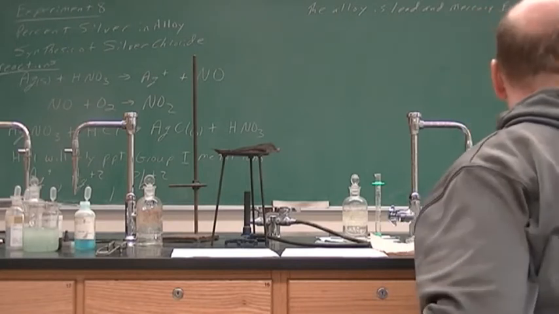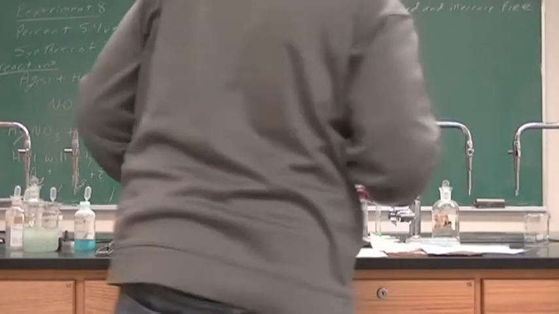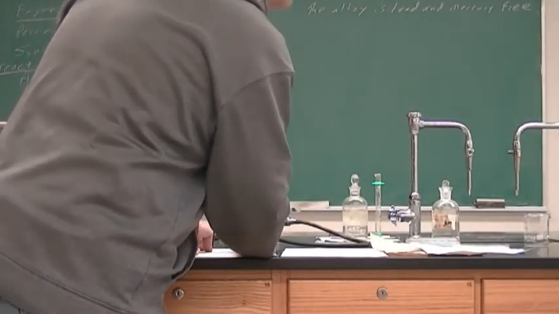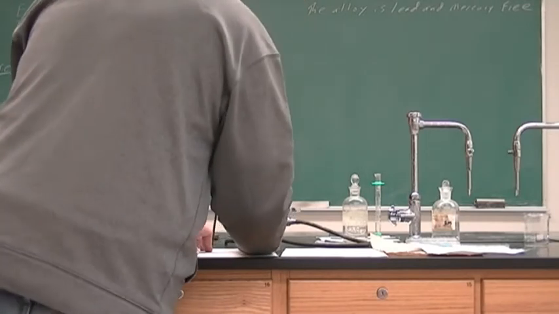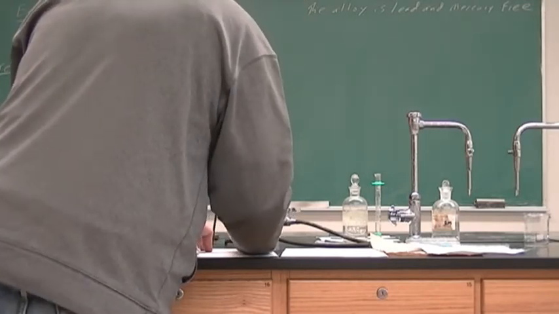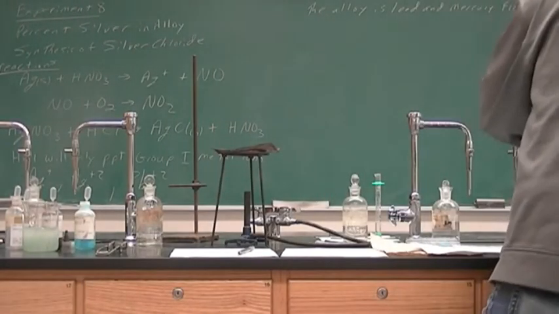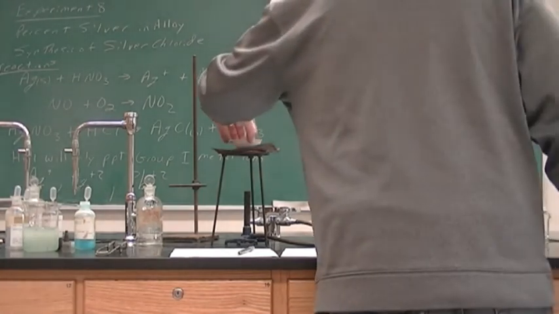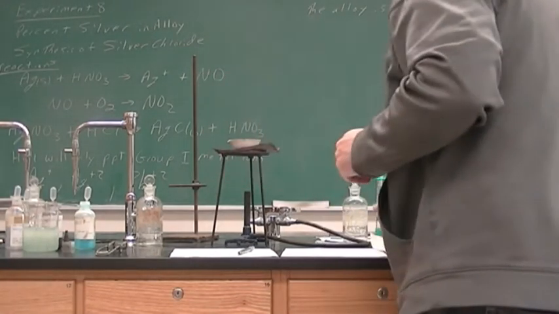All right, so our mass, it is cool enough. The mass of evaporating dish and silver, 40.9776. All right, so now we're going to add our nitric acid.